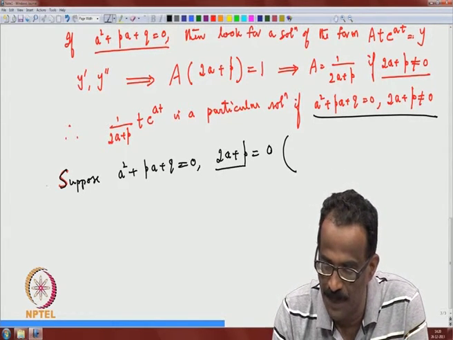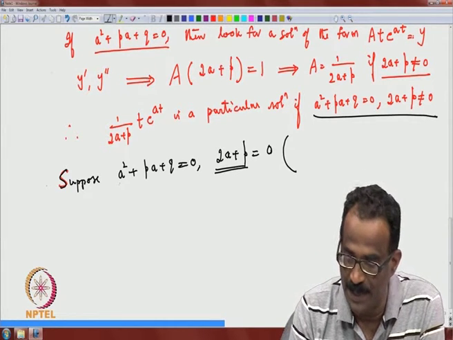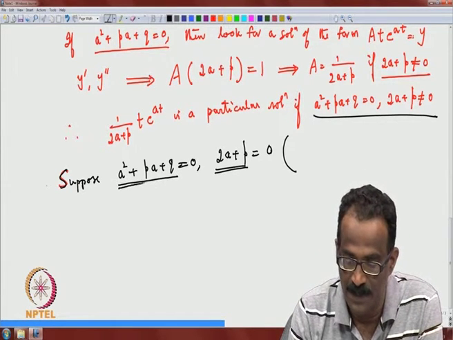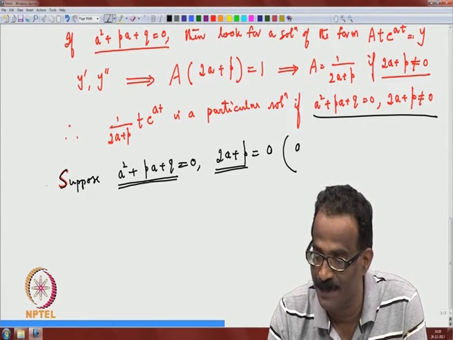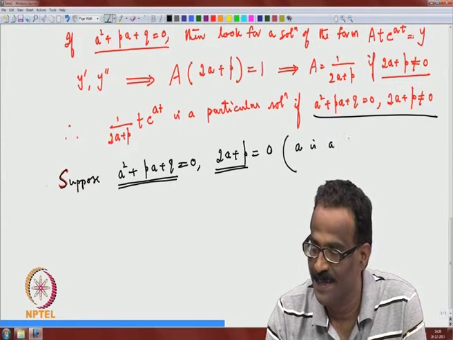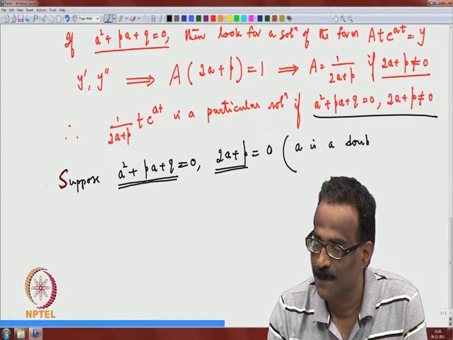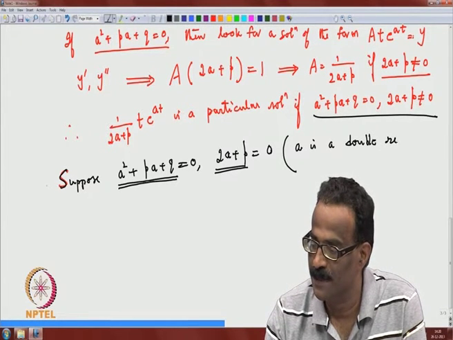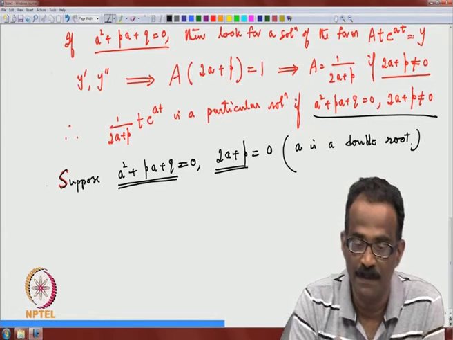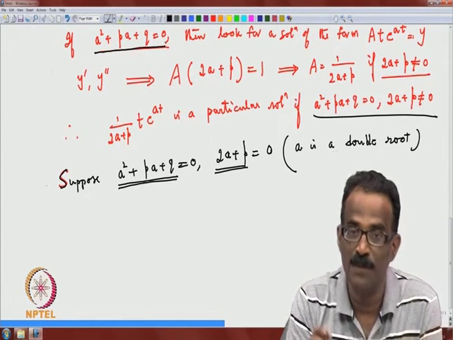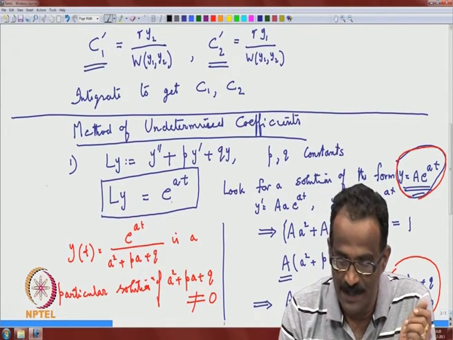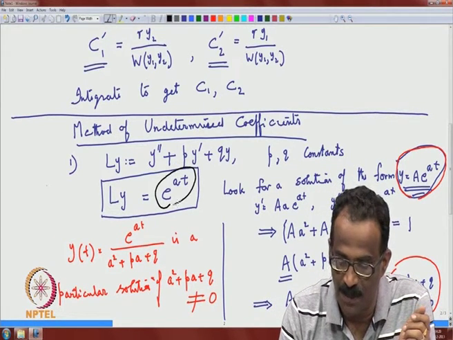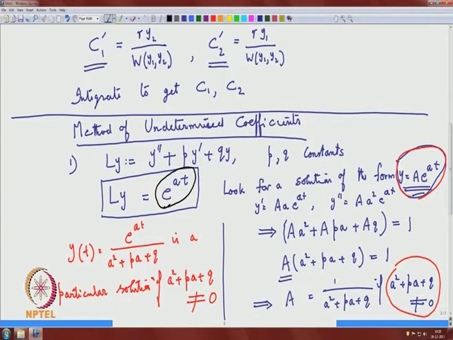You see, 2a plus p is nothing but the derivative of this with respect to a. That means a is a double root. So, here when a is a root, that means the input function, in the engineering terminology, such kinds of right hand sides are always called input function or a forcing function.